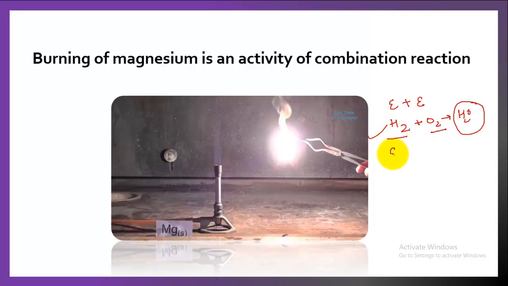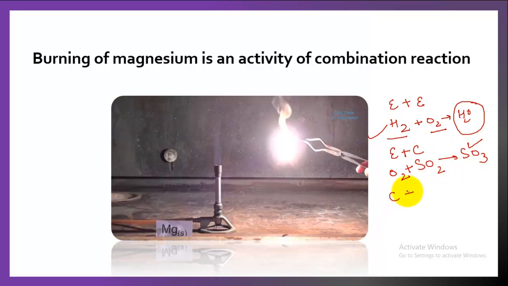The reaction can also occur between an element and a compound. For example, if I have oxygen and a compound SO2, SO2 and O2 react to form sulfur trioxide. This is a combination reaction in which an element and a compound combine to form a single product.